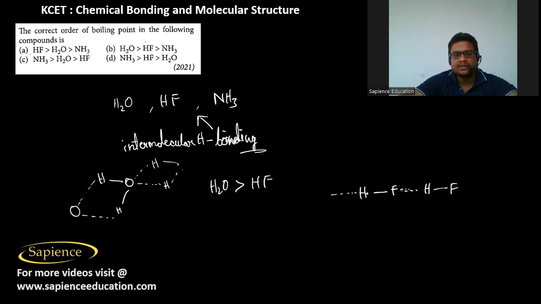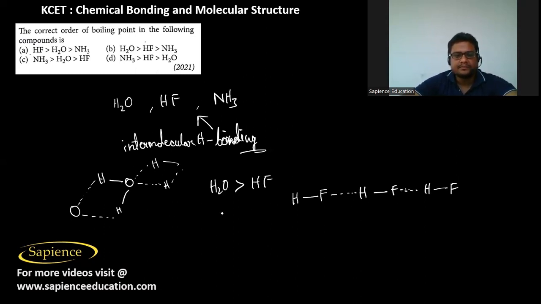For each molecule of HF, this hydrogen is hydrogen bonded with the fluorine atom of the other molecule of HF, and each fluorine atom is also hydrogen bonded with another hydrogen.